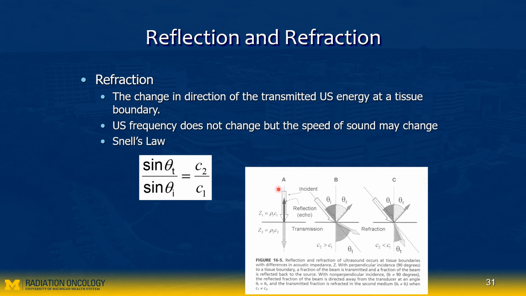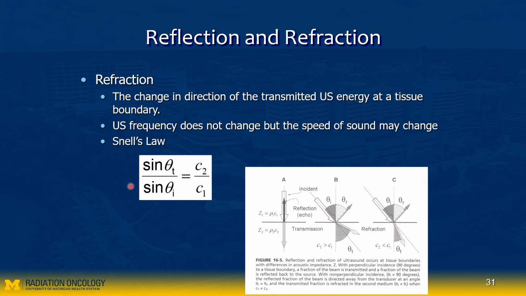The sound wave does not always strike the boundary like this, right? Most of the time, if there is a boundary of, say, muscle, bone, muscle, fat, depending on how you orient it, the sound wave can bounce off or it can refract.